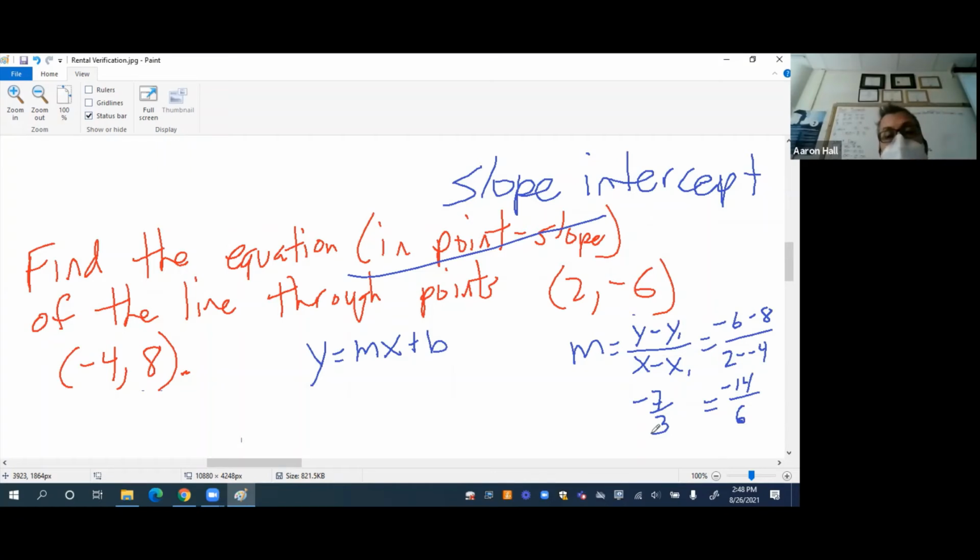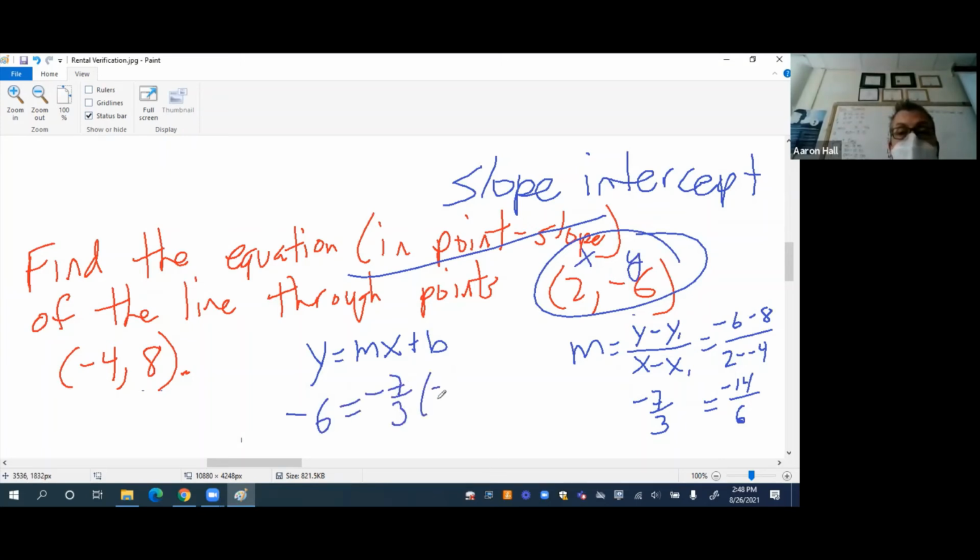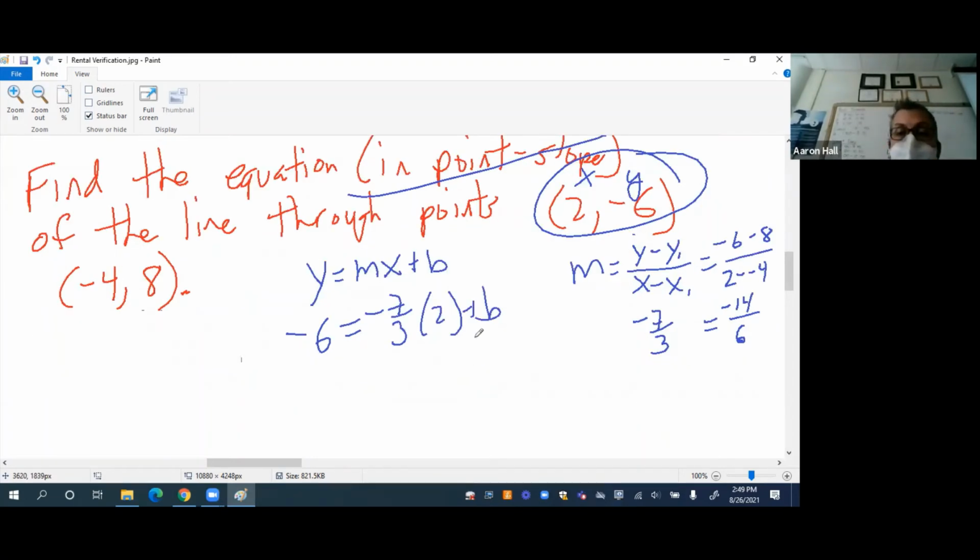Now, how do we find the b value? Which point? It doesn't matter. You're right. Which one do you want to plug in? First one. So this is my x and this is my y. We're going to plug in -6 equals -7/3 times x, which is 2, plus b. Now what? -6 equals what?